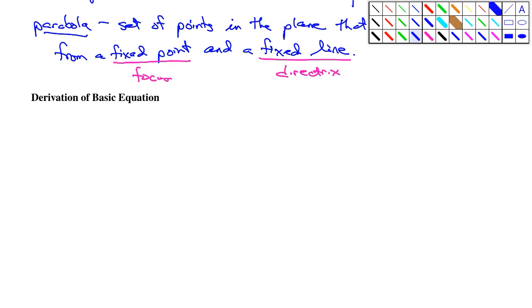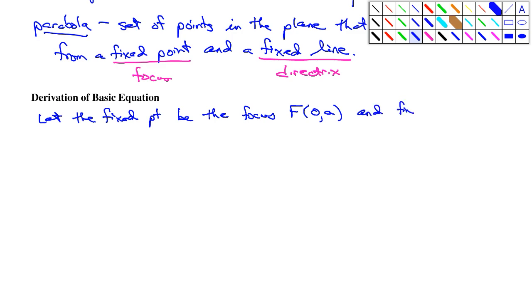So first let the fixed point be the focus, F at (0, a), and the fixed line be the directrix, y equals negative a.